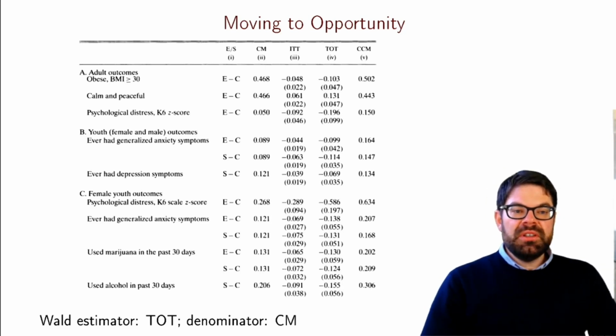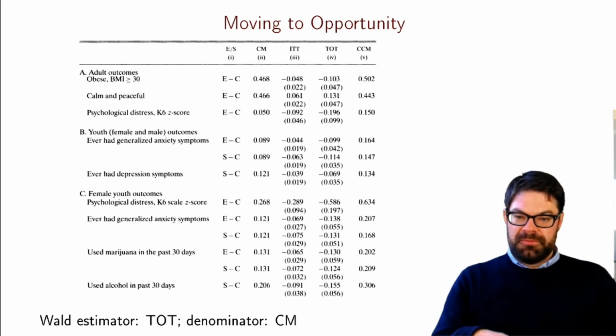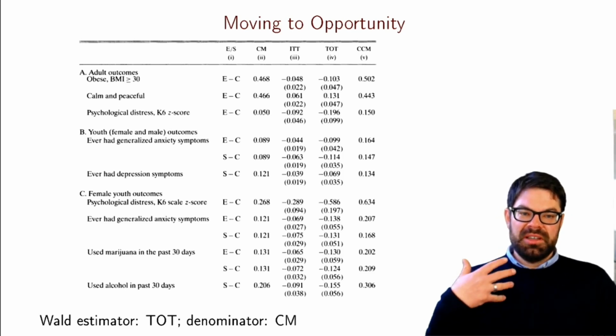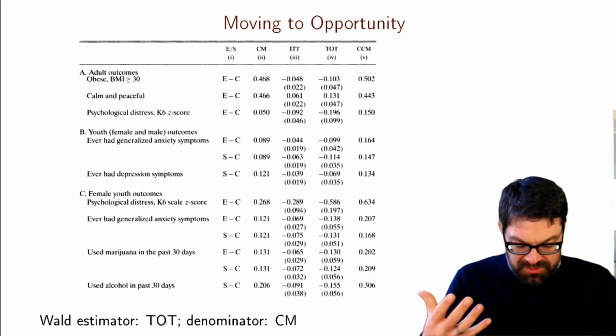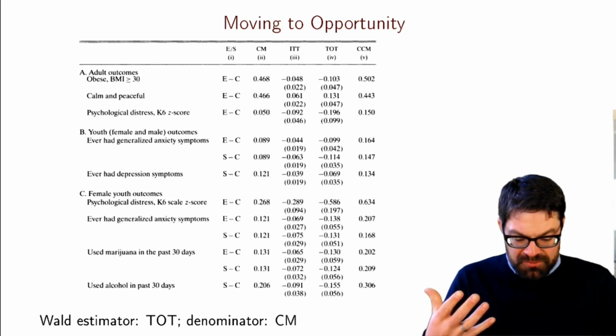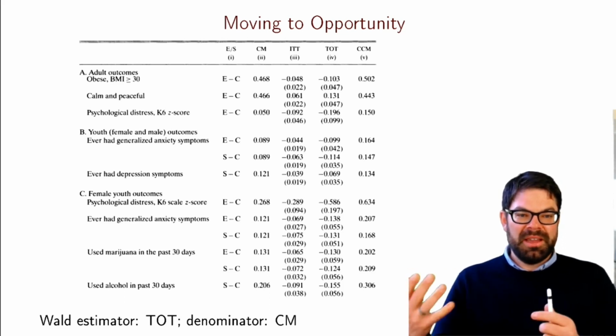Now, what they do here in that paper by Kling et al. is for different outcomes, which is very nice, they report those different parts of the Wald estimator.